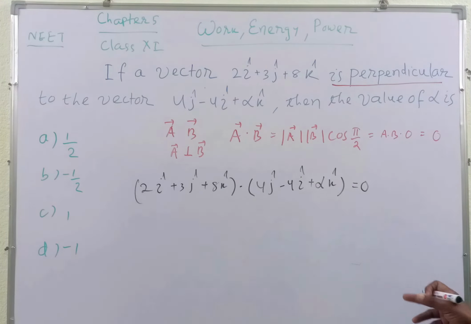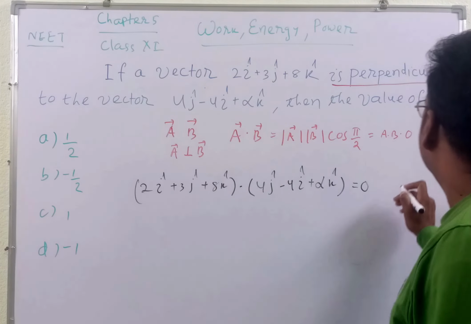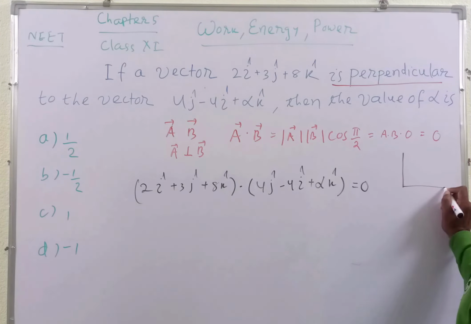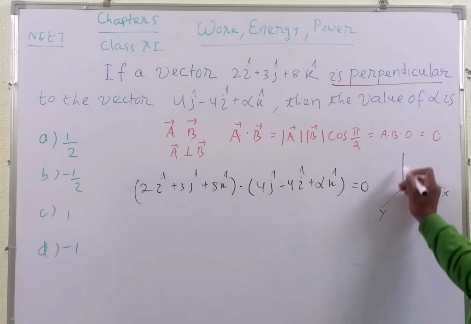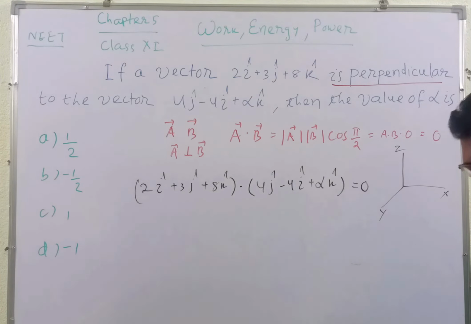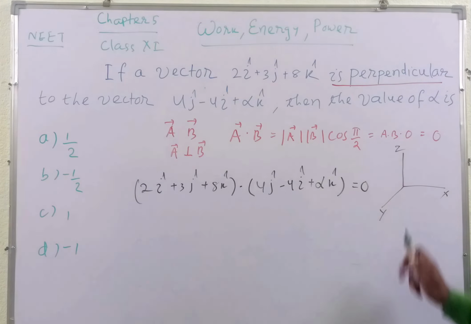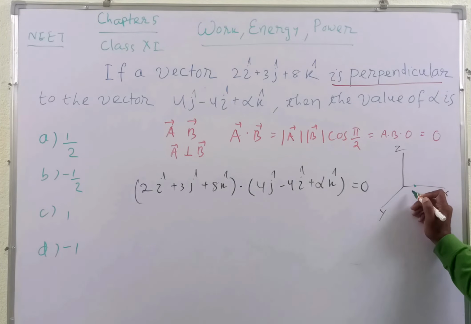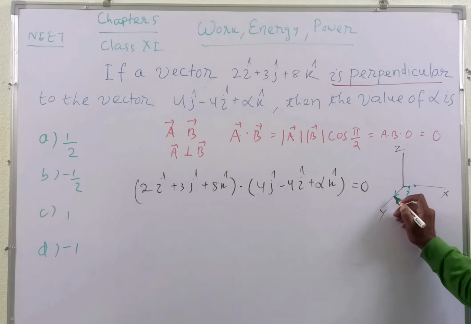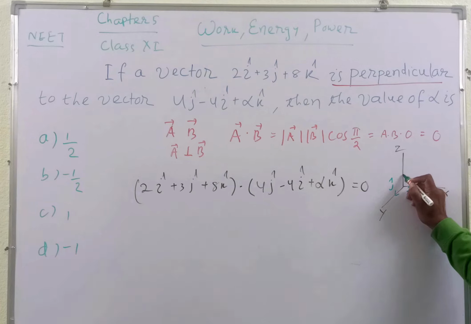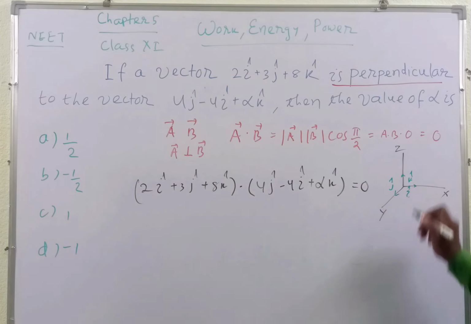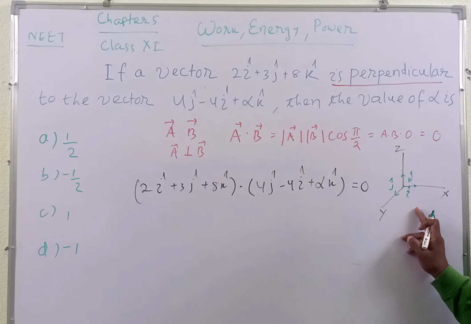Okay, students. So we know what i, j, k are. This is the x axis, this is the y axis, and this is the z axis. The unit vector along the x axis is denoted by i, along the y axis by j, and along the z axis by k. These i, j and k are mutually perpendicular to each other.